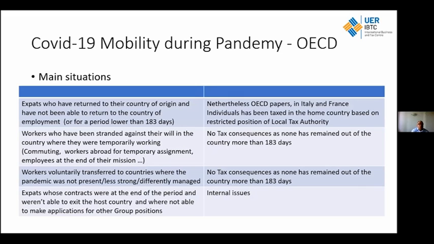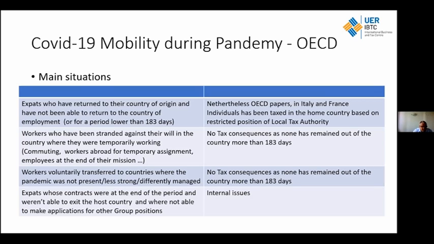What happened during the pandemic? We have cases where expats came back to the country of origin and did not go back to the country for which they are working. Here, following the OECD papers, in Italy and France there were 2 resolutions, and individuals are taxed in their own country based on the position of the local authorities.